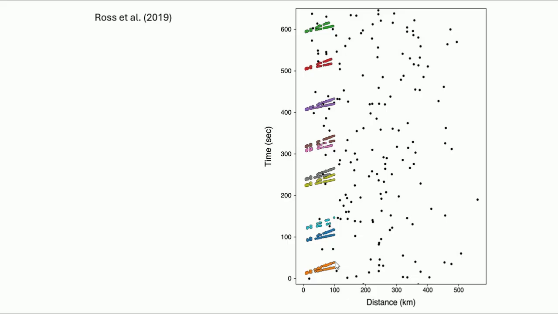Once the picks have been associated into earthquake clusters, a separate earthquake location algorithm can estimate the hypocenter and origin time of each event. These estimates then allow the source-to-station distance to be calculated for every arrival. It is important to note that this panel is therefore different from the earlier visualization.